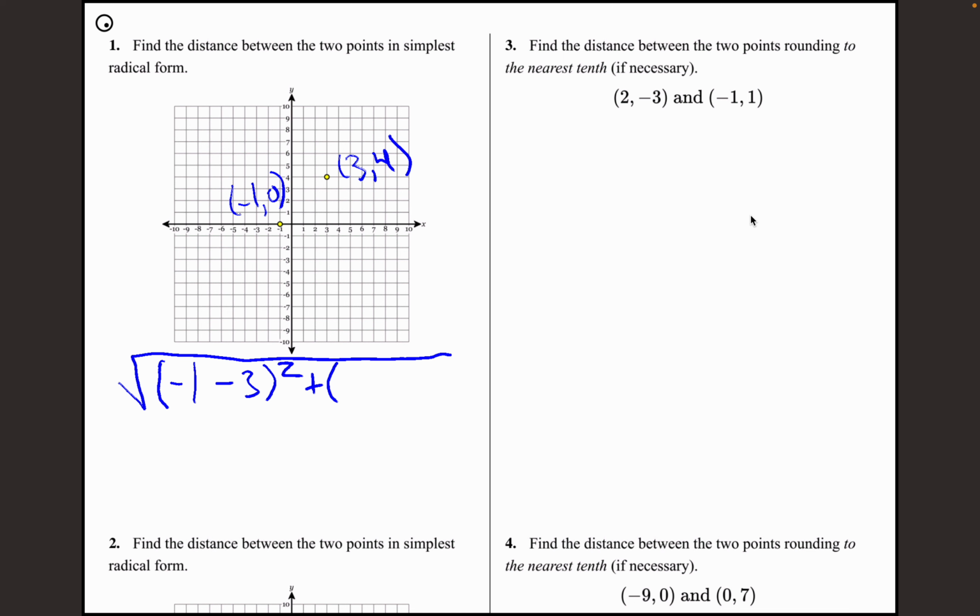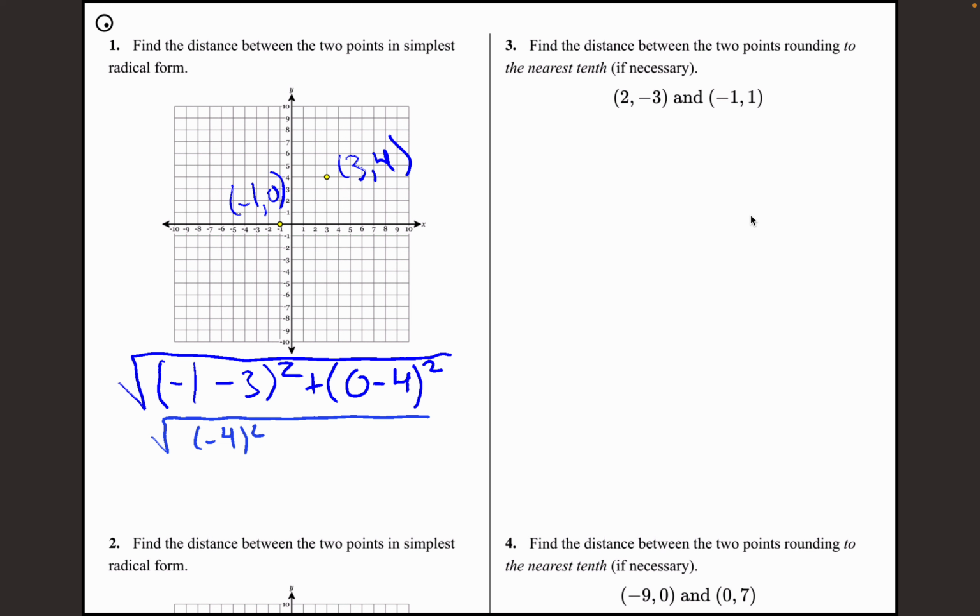Yeah. We're going to do 0 minus 4, so that way our 1s and our 2s are the same. Okay? You're still going to get the same answer, but I just want to make sure you guys use your x1s and y1s as the same. All right, so we have -1 minus 3. What's that going to be?